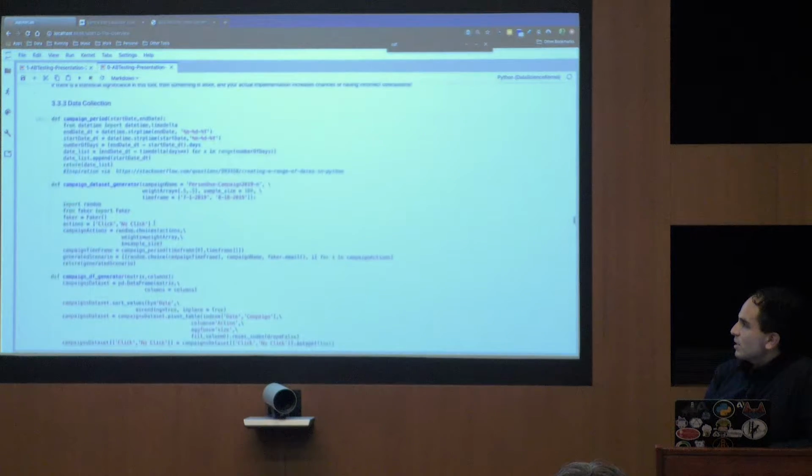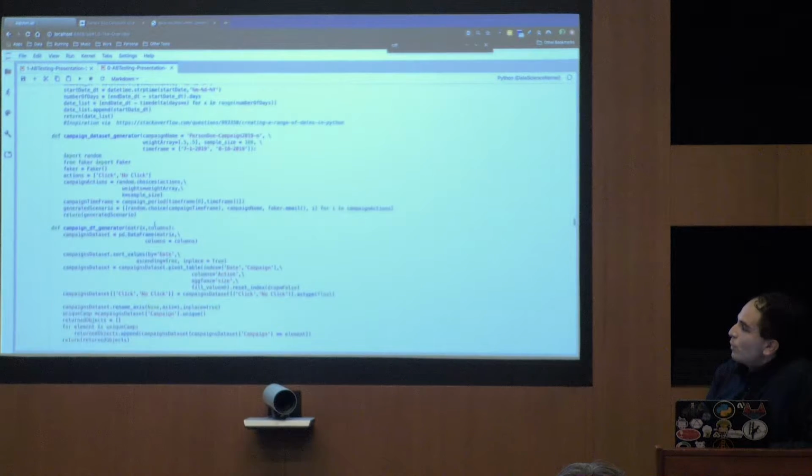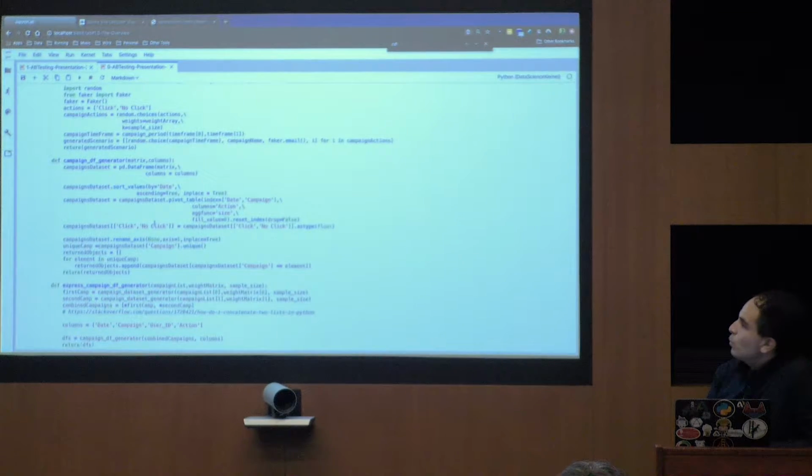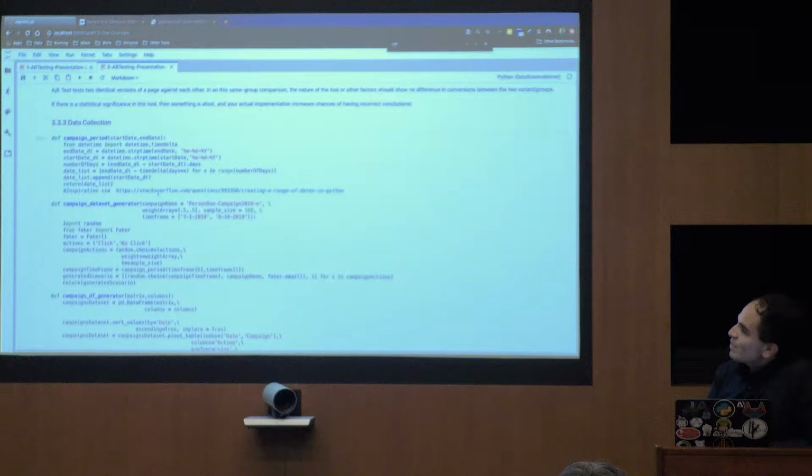Here are quite a few functions to generate the dummy data that we would have. I should have probably added some comments, but what's happening is we have a campaign period calculation for the start and end date. Particularly, I just chose the beginning of July to today.